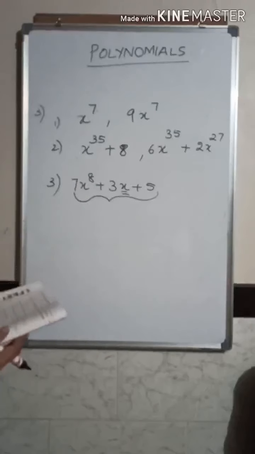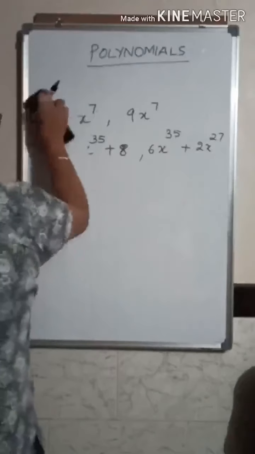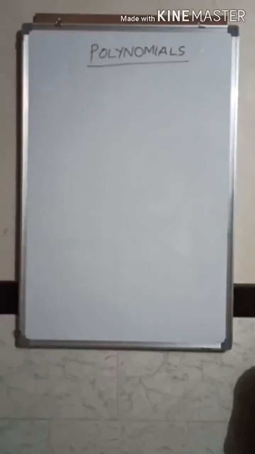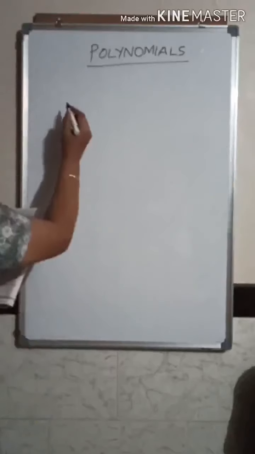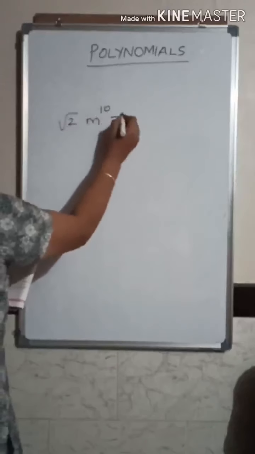Now next you have the fourth one, write the degree of the given polynomial. A few polynomials are given, and you have to write their degree. To write the degree, see whichever is the highest power, and that will give you the degree. Root 2 m to the power of 10 minus 7.